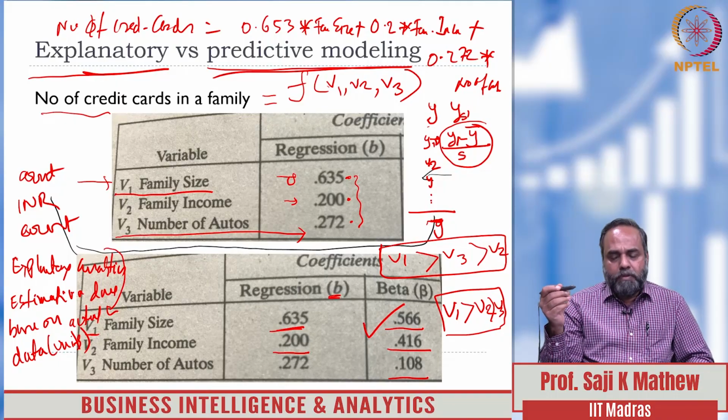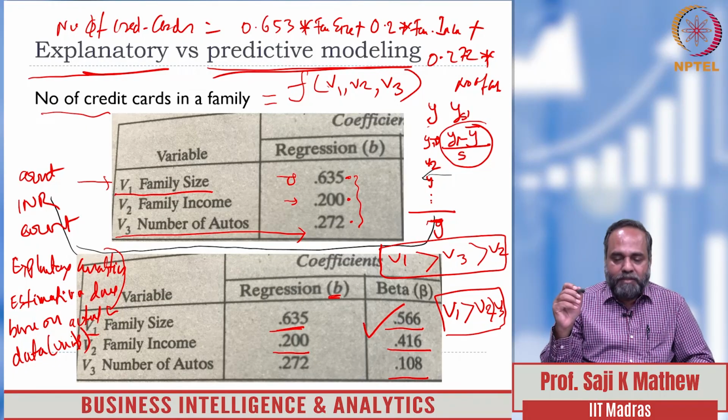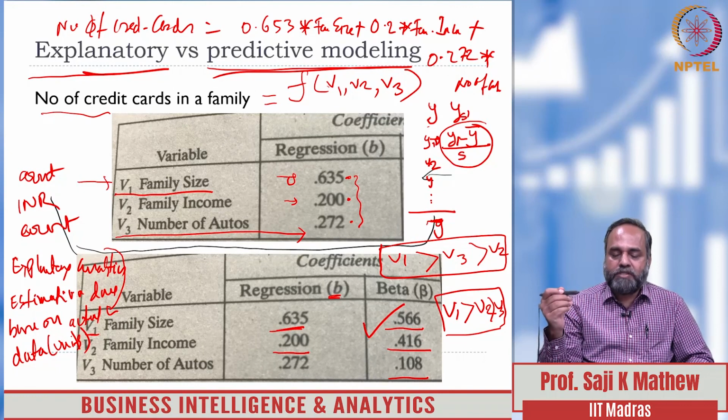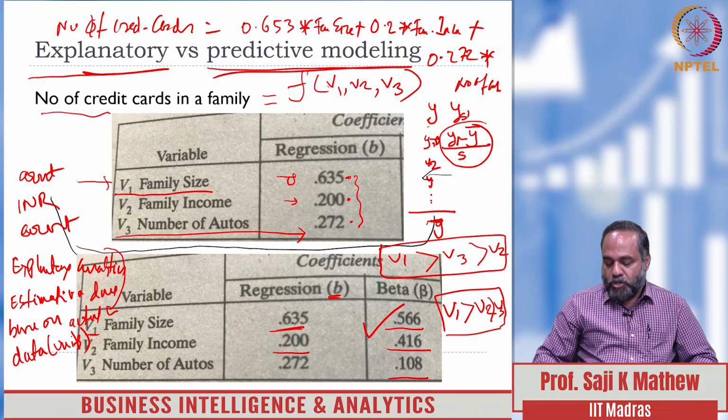In explanatory projects, if you don't standardize, your interpretation will be wrong. But in the case of predictive modeling, interpretation is not important, but predicted value is more important, and therefore standardization is not as significant as in the case of explanatory projects.